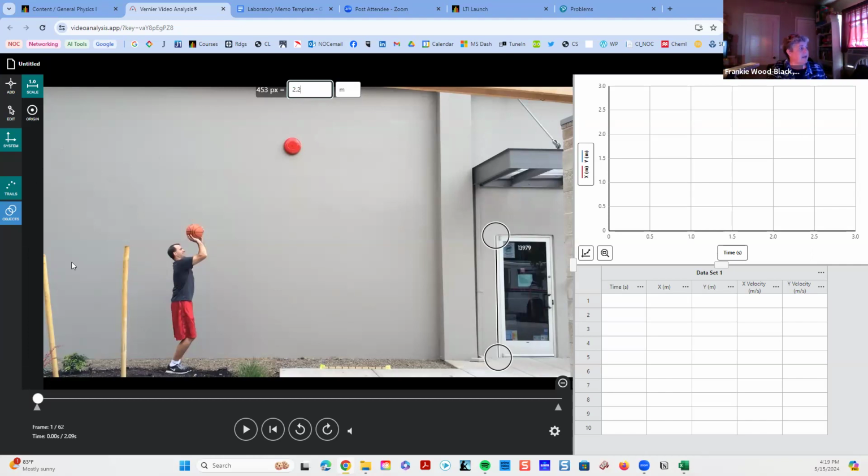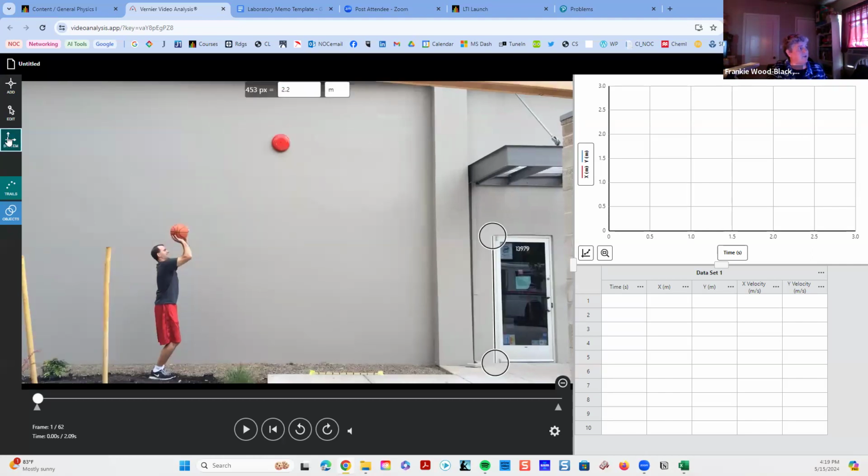So now I'm going to come back in here and give myself a coordinate system. One of the things is we're going to look at this ball as it goes into projectile motion. We know how a basketball is going to go. It's going to go up, create an arc, and come down. So we're going to start after the basketball leaves the person's hand.